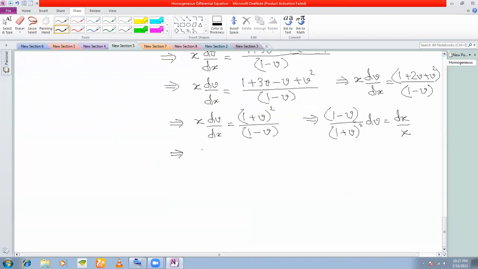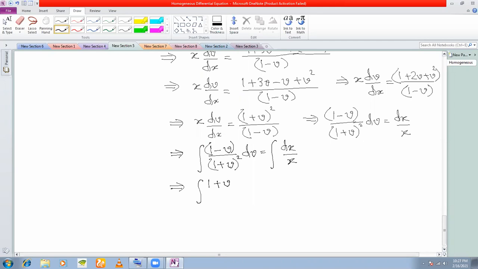Now we integrate both sides. Means integral (1 - v)/(1 + v)² dv is equal to integral dx/x. Now how do I integrate (1 - v)/(1 + v)²? Because you have 1 + v in the denominator, you take 1 + v in the numerator also.